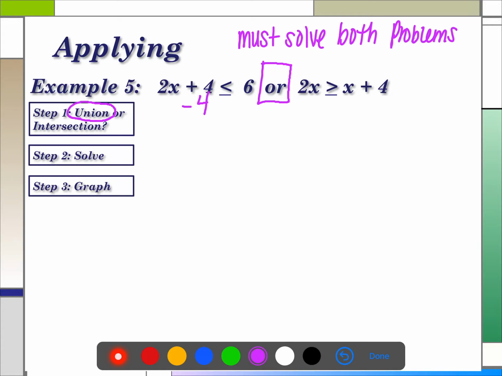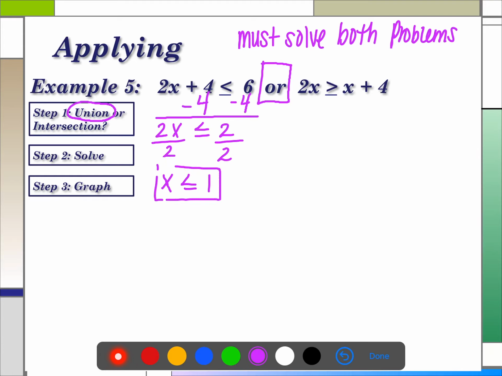So we're going to solve each of these separately. Okay, so there is the first answer. And here's my second answer.